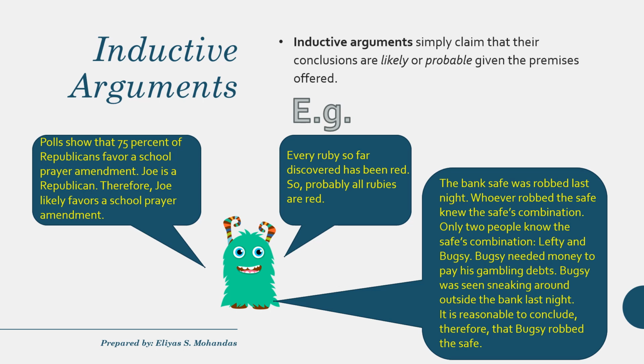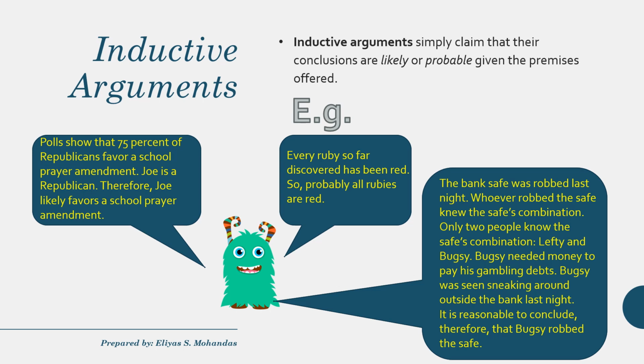That is your conclusion. Now let us look at the conclusion. You have the words it is reasonable to conclude, based on the premises, and all premises are true, but there is also another likely conclusion: that Bugsy did not rob the bank.